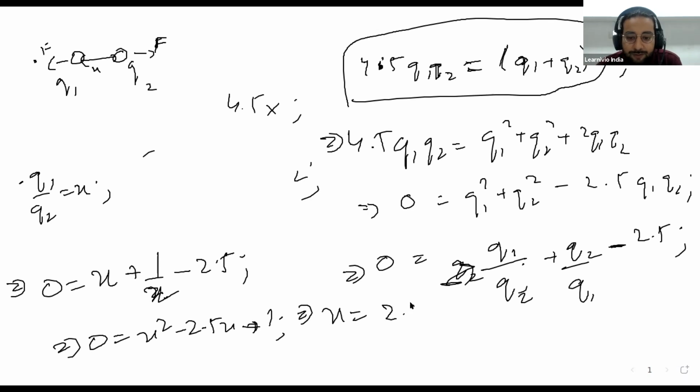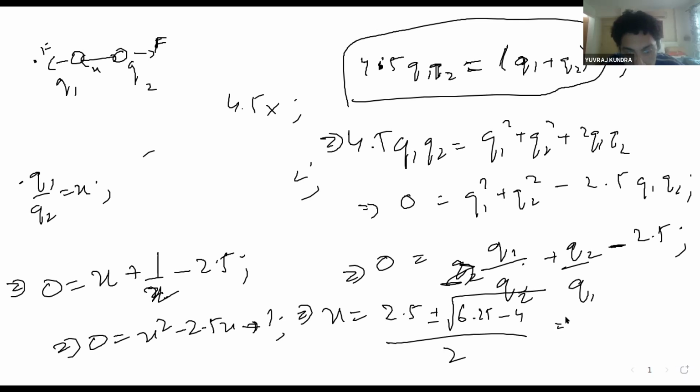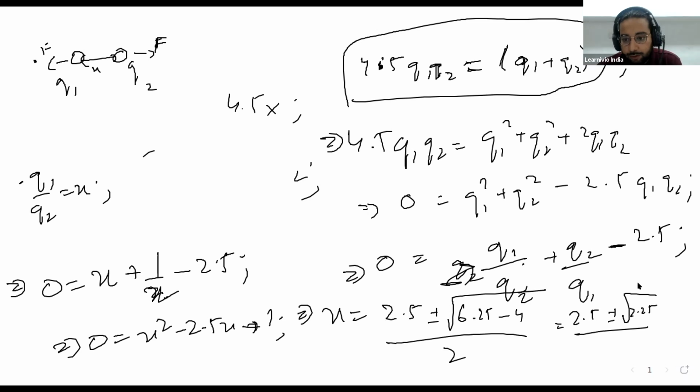So this implies x is what? Minus b, so 2.5 plus minus square root of b square, so 2.5 square, which is 6.25, minus 4ac, 1 into 1, divided by twice of a, which is just 2. So this becomes 2.5 plus minus square root of 2.25, which is just 1.5, as we know.